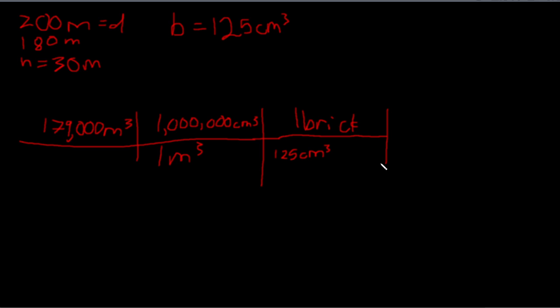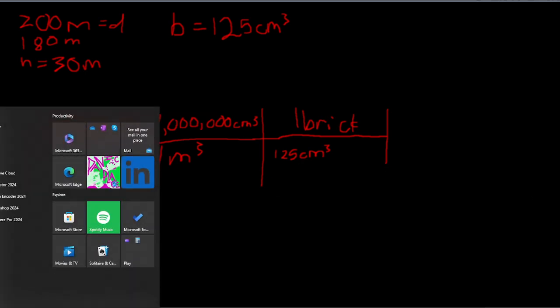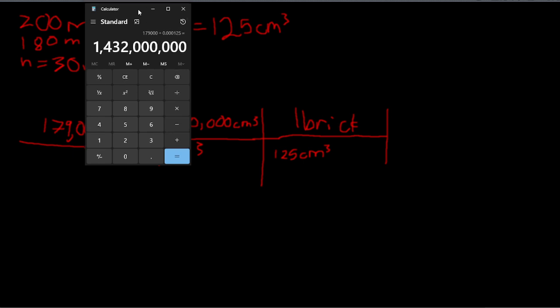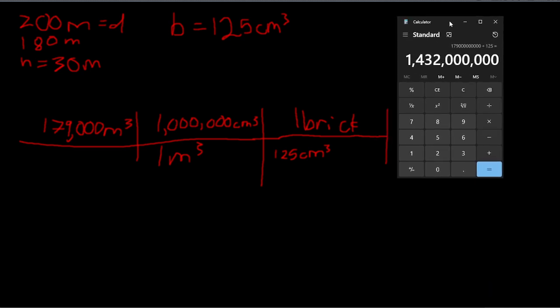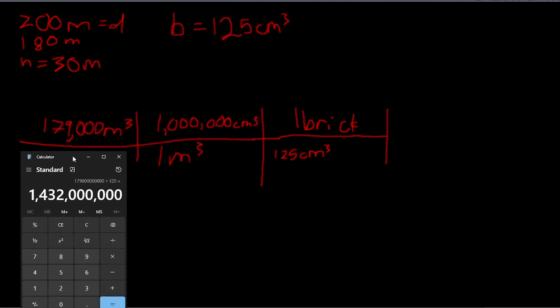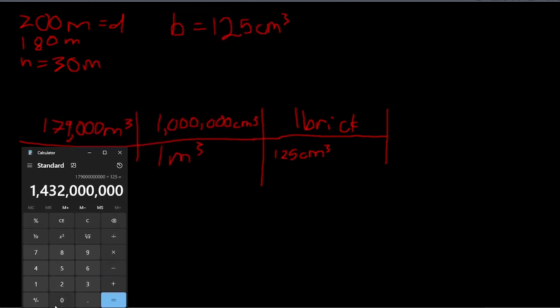Now you multiply by the top and divide by the bottom. 179,000 times a million divided by 125. Look at that. Exact same answer in probably fewer steps. You just have to do a little puzzle solving to figure out what goes where.